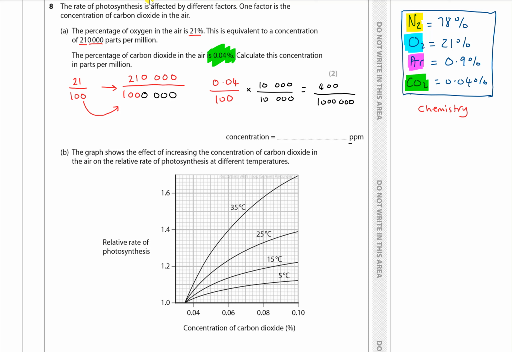So parts per million, 400. That's probably the easiest way to do it. So remember it's not parts per 100, but it's parts per million. So somehow we've got to get the denominator up to a million.